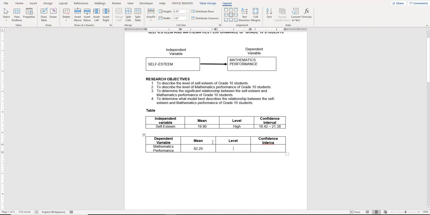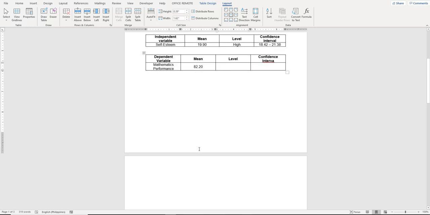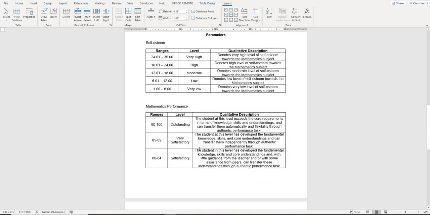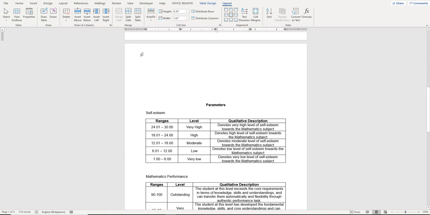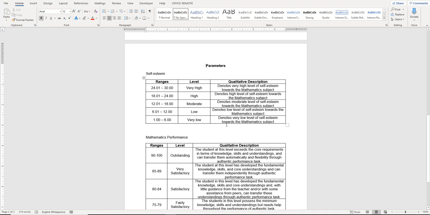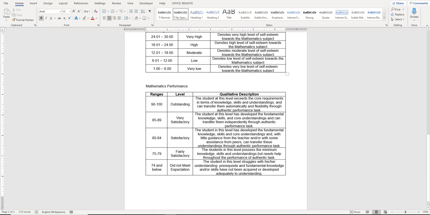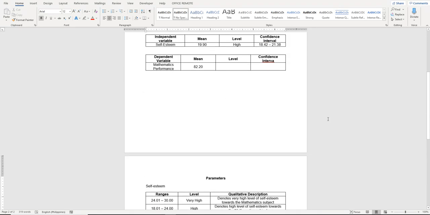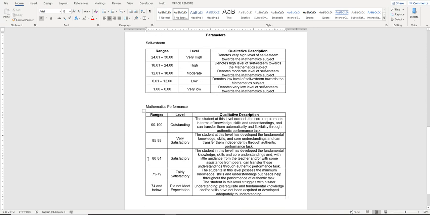The level, so for the level, we are going to refer the mean to another parameters. For the mathematics performance, we are going to base it on DepEd Order number 8, which is the usual way of interpreting our grades. Since it is 82.2, it belongs to 80 to 84, which is satisfactory.